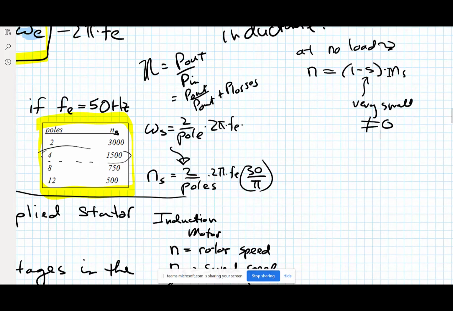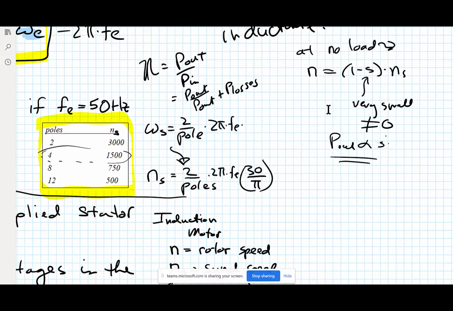So this is often an exam question I ask. If you use s equals 0 in estimating no load speed, then that's a wrong answer. But if you're running at that no load condition, then the P out is proportional to, it's really proportional to s.